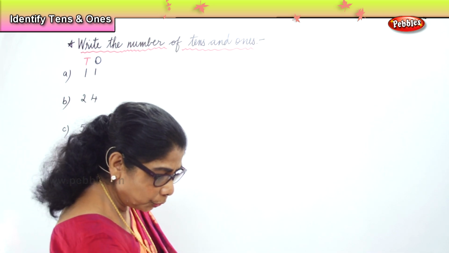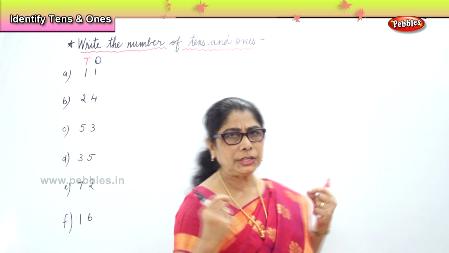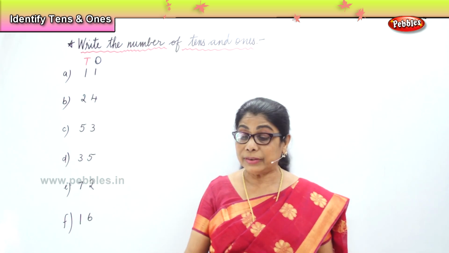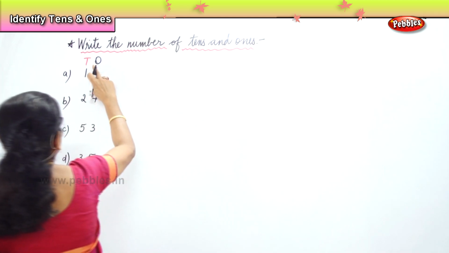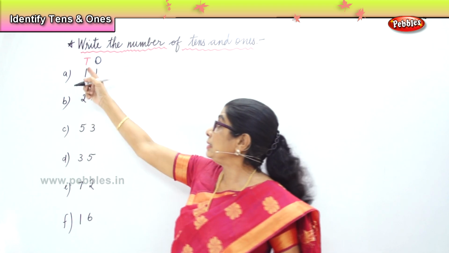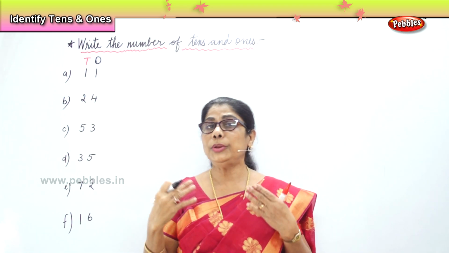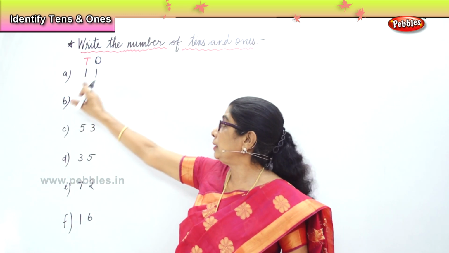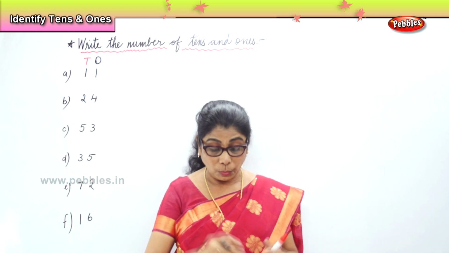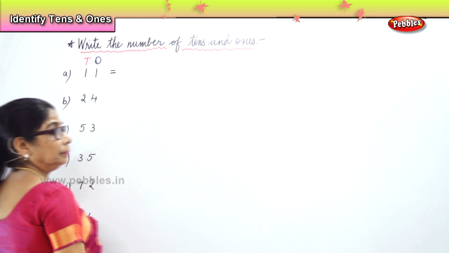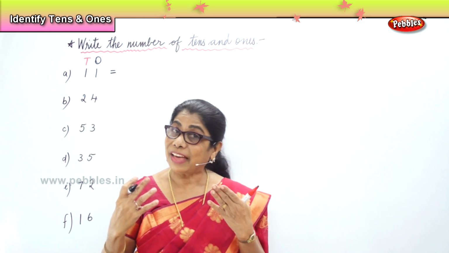Now, similarly, what we are going to do is look at each number correctly. Identify. I've given 11. What number is this? 11. And I have written there tens, ones. When you look at the number, in the ones place there is 1. In the tens place, there is 10. Now, what is the meaning of that? When you look at the number, how many tens are there?